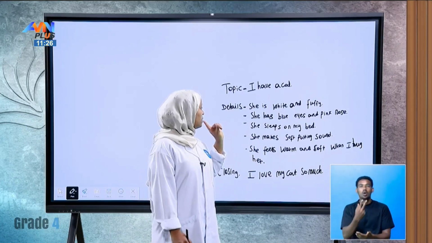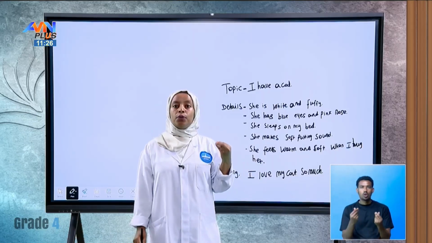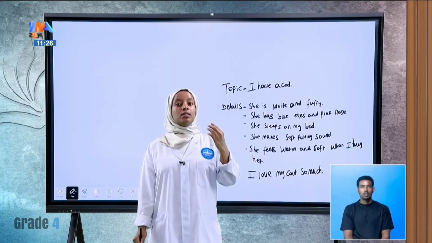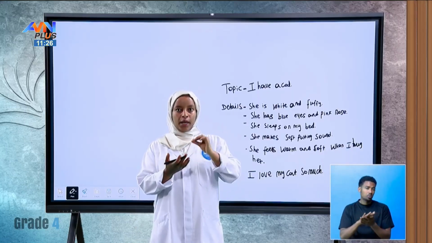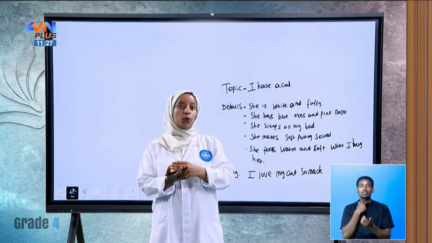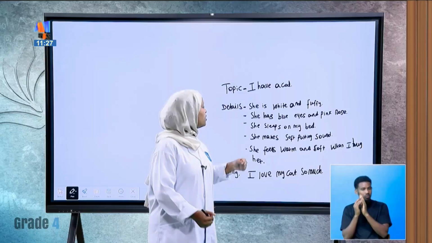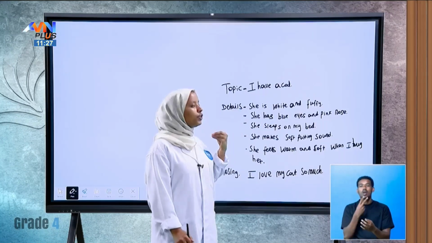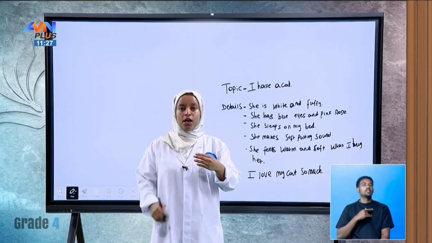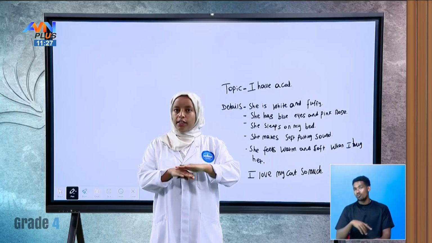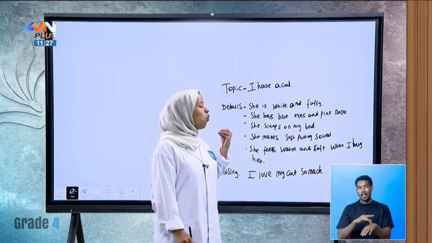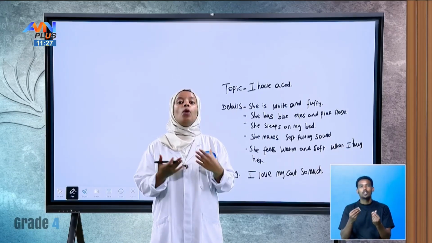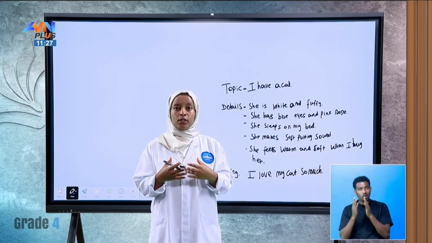Purring is how cats sound when they're sleeping. This describes the sound. And also she feels, that's about the feeling and the touch, for example, warm and soft when she sleeps on my bed.